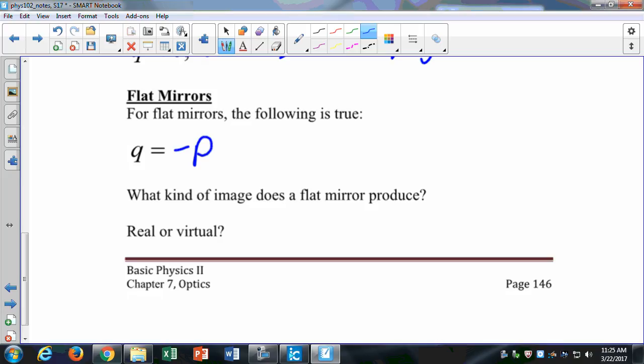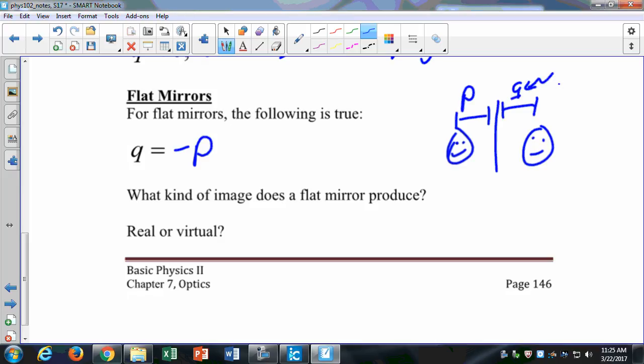The negative comes about because this is my p, this is my q, but q is negative because it's a virtual image. All right, so a flat mirror produces a virtual image.